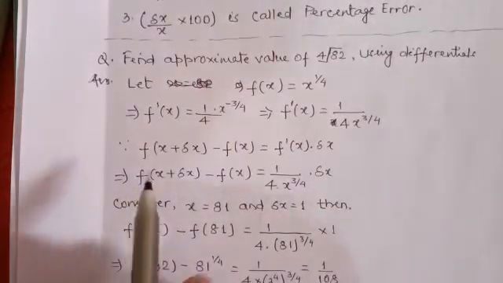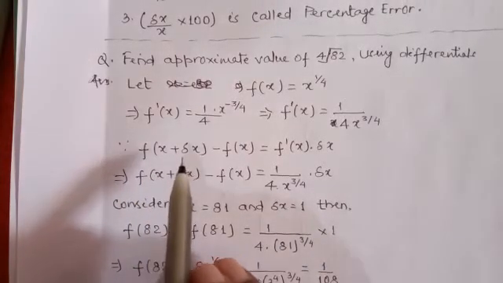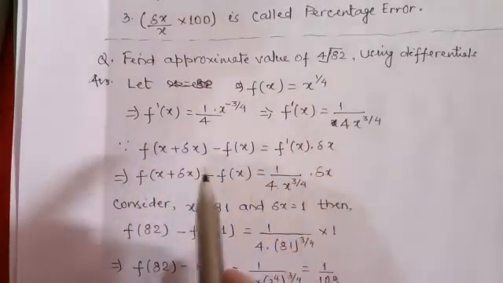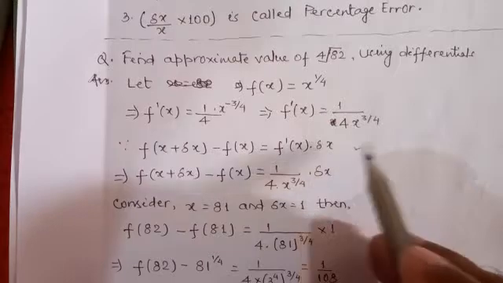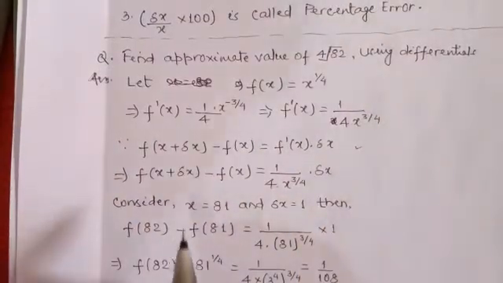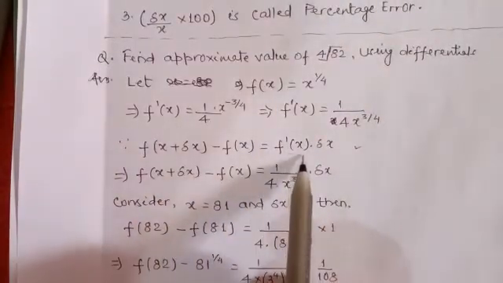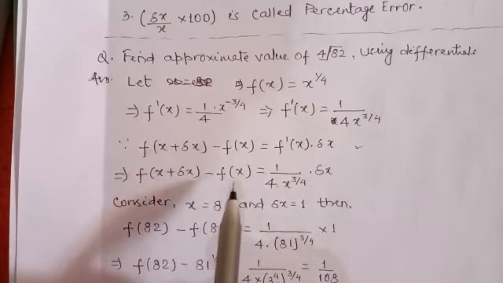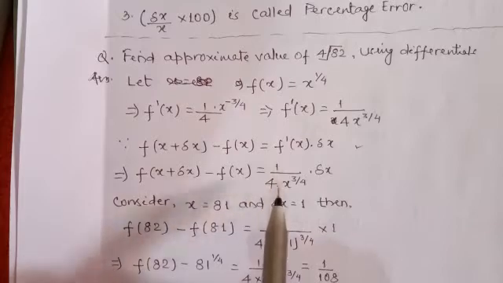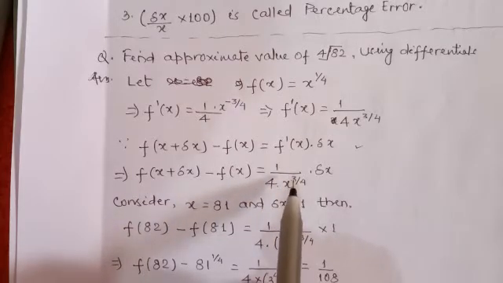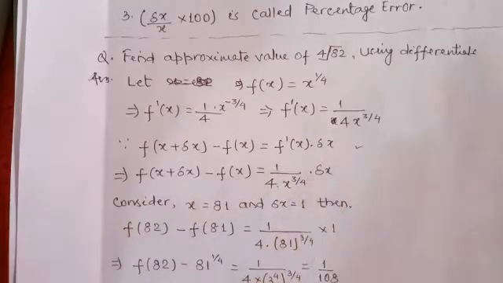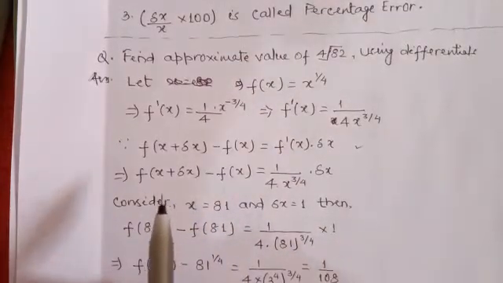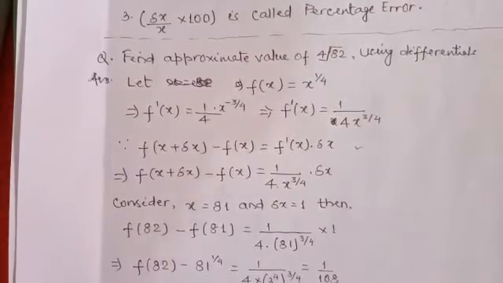So now apply the formula f(x plus delta x) minus f(x) is equal to f dash x into delta x. This is the formula for approximation. Write down the value of f dash x. Then f(x plus delta x) minus f(x) is equal to 1 by 4 into x to the power 3 by 4 into delta x. Now we consider suitable values of x and delta x.